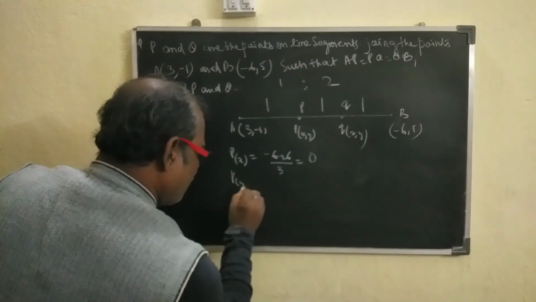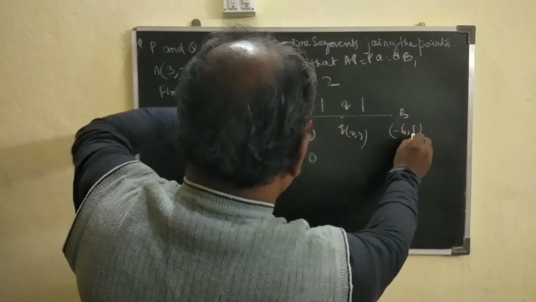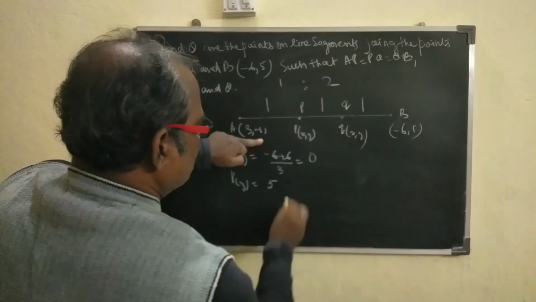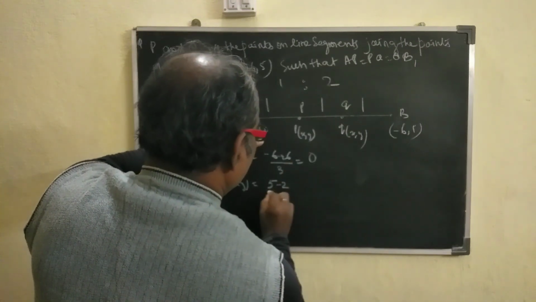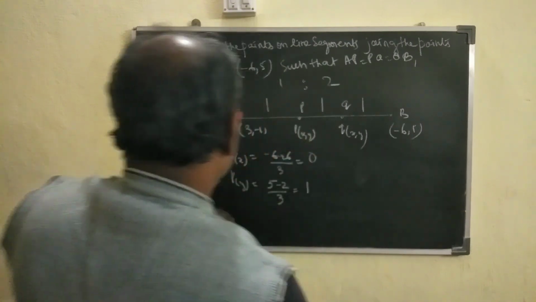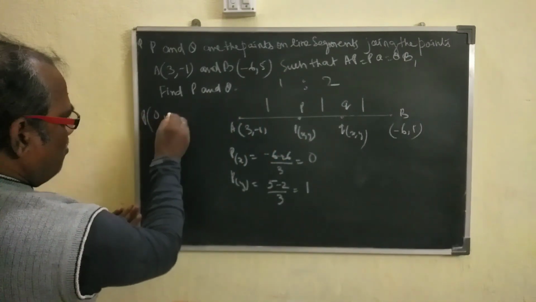P of y equals 1 into 5 is 5 and 2 into minus 1 is minus 2, by 3, which equals 1. So the point P becomes (0, 1).